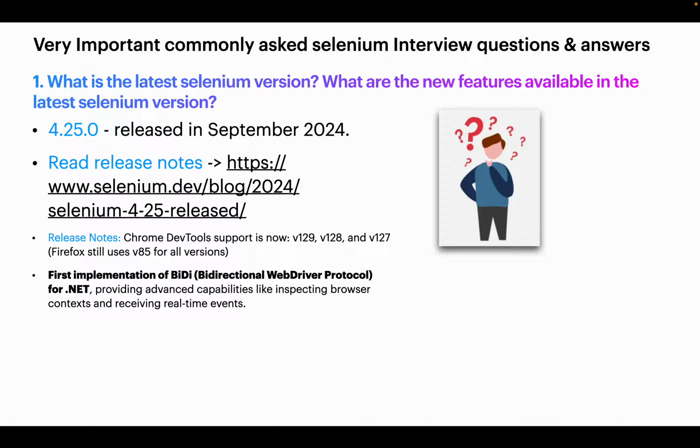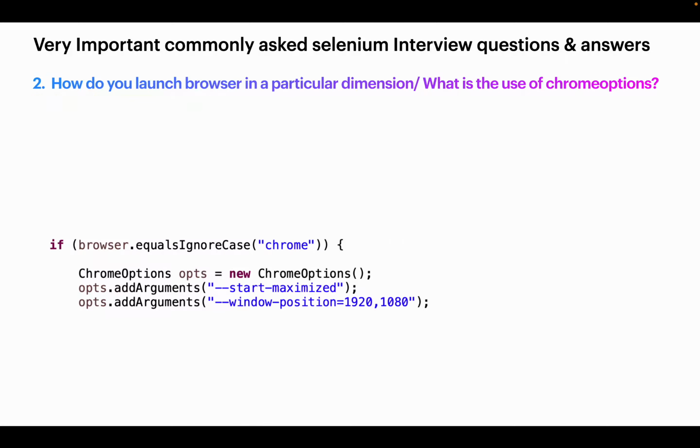In this latest version they are supporting Chrome DevTools versions 129, 128, etc. Also, in this version they are implementing the bi-directional WebDriver protocol for the .NET language. These kinds of information you have to read in the release notes. So please be updated on the latest Selenium versions.